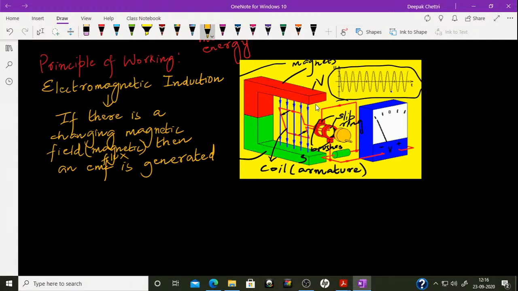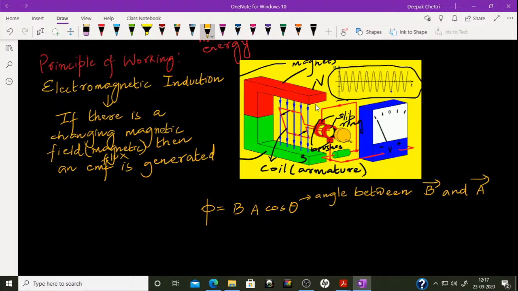Let us say the area of this red coil is A. Let us say the magnetic field produced by these two magnets, north and south, is B. Now we know the formula for magnetic flux phi is BA cos theta, where theta is the angle between magnetic field B and area of the coil A. So this is the theta.